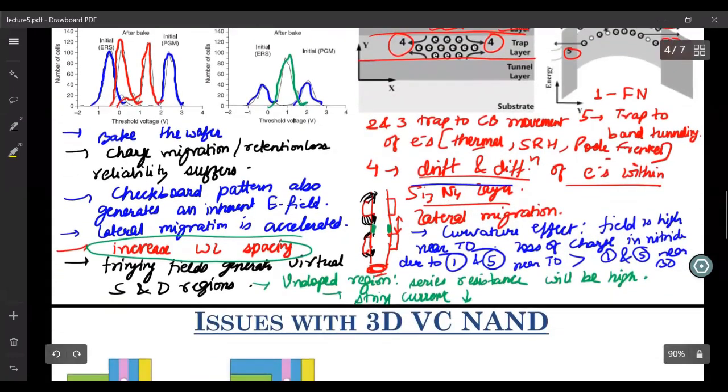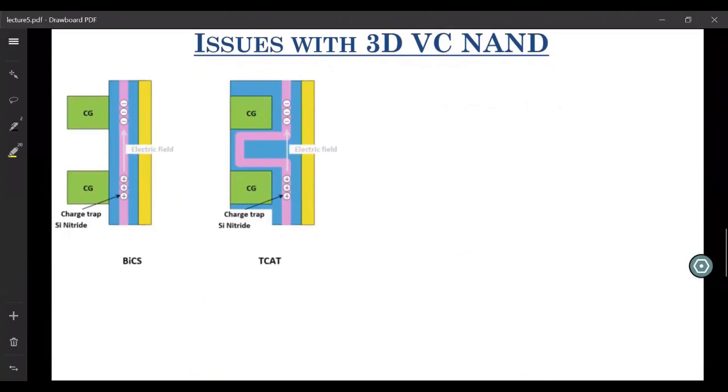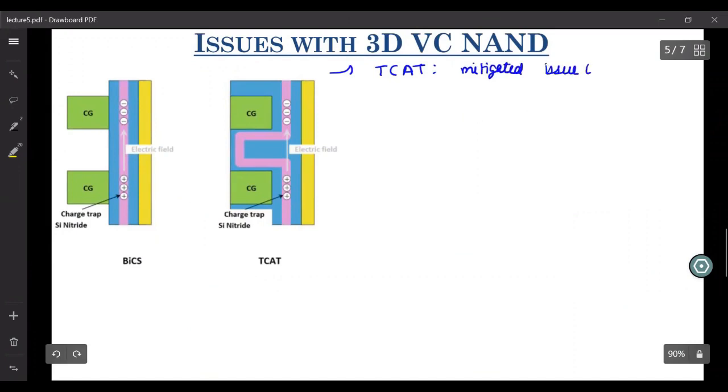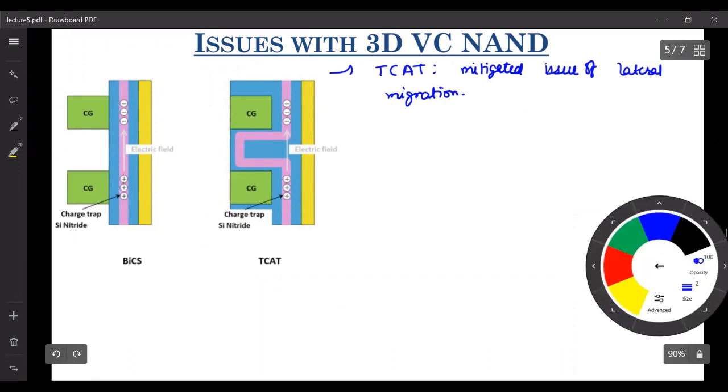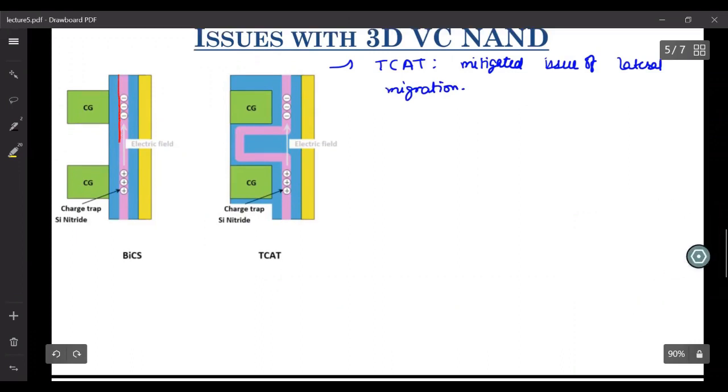Also, although Samsung took like 2 years to come up with this TCAT, in this TCAT, it already mitigated the issue of lateral migration. How? If you look at the BiCS structure, since it's vertical, your SI layer is continuous, like this.